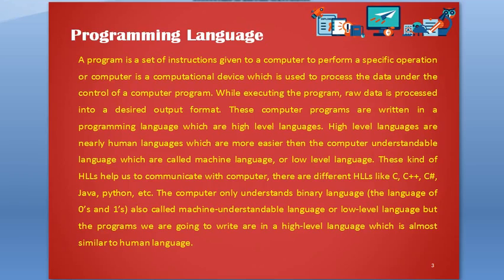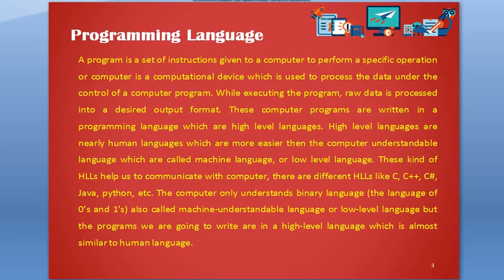High level languages help us to communicate with the computer. There are different high level languages like C, C++, C Sharp, Java, Python, etc. In this series of videos, we are going to learn the C programming language.